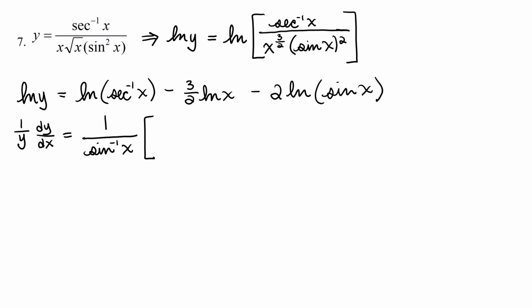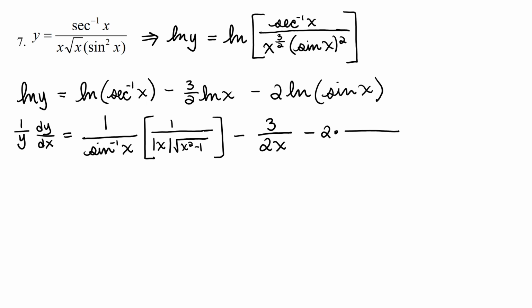So the derivative of inverse secant x is 1 over the absolute value of x times the square root of x squared minus 1, minus the derivative of 3/2 natural log of x, which will be 3 over 2x, minus the derivative of 2 natural log of sine of x, so that'll be 2 times 1 over what's inside of the natural log, so 1 over sine of x, times the derivative of what's inside of it. The derivative of sine of x is cosine of x.